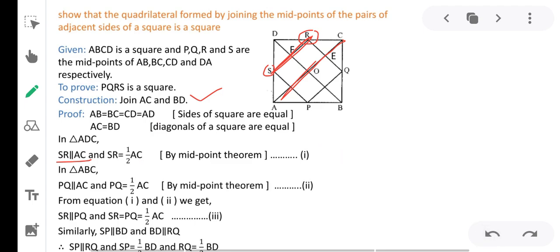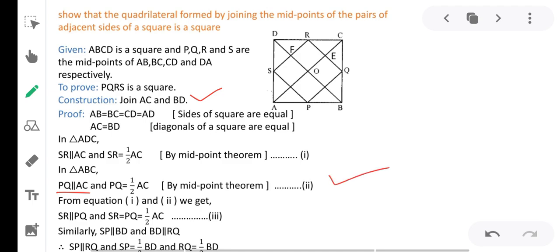Clear? Like that, in triangle ABC, P is the midpoint of AB and Q is the midpoint of BC. Now PQ parallel to AC, and PQ equal to 1 by 2 of AC by midpoint theorem. Clear?